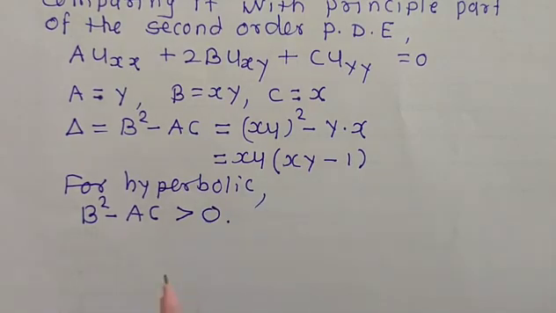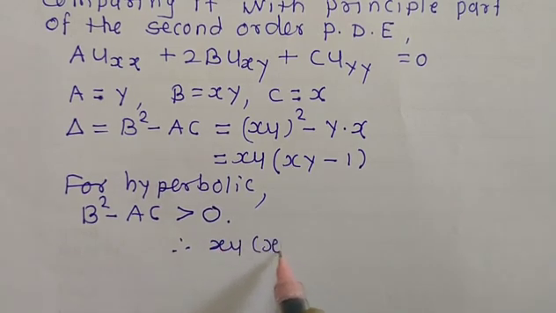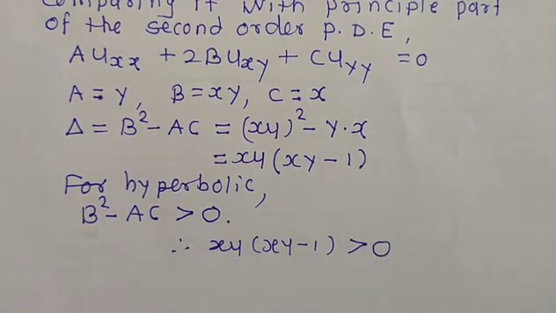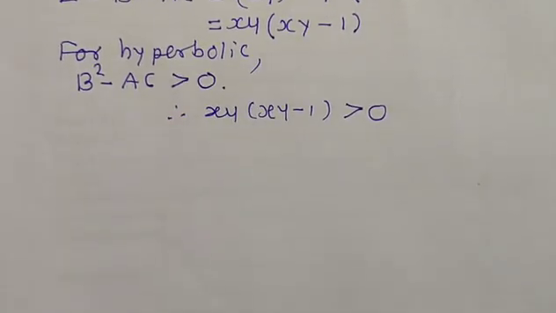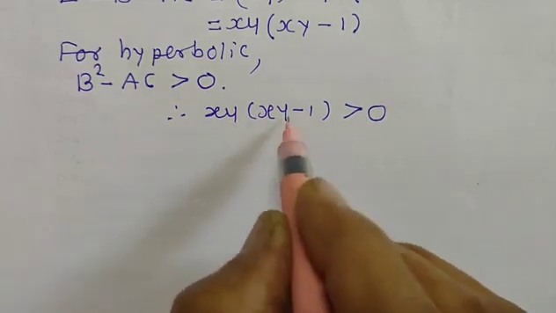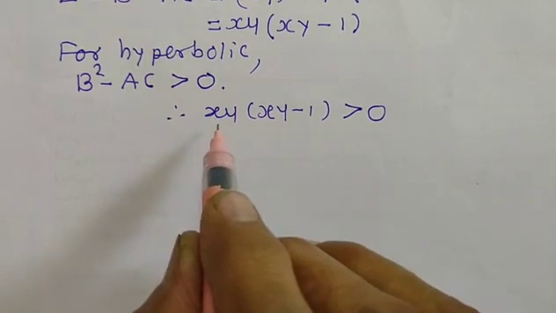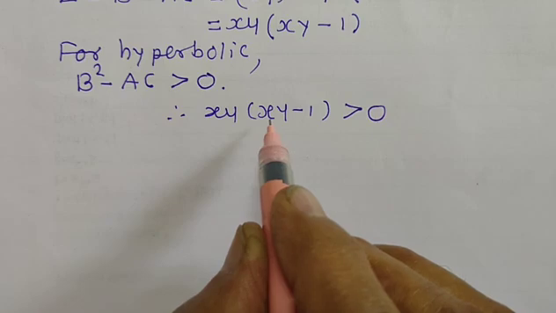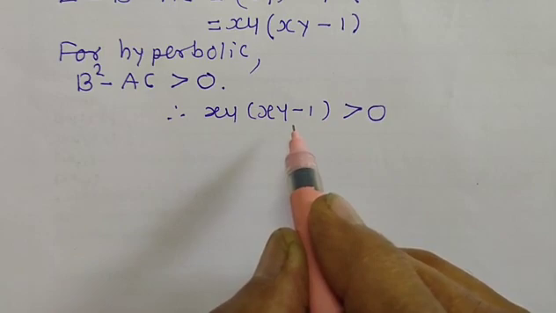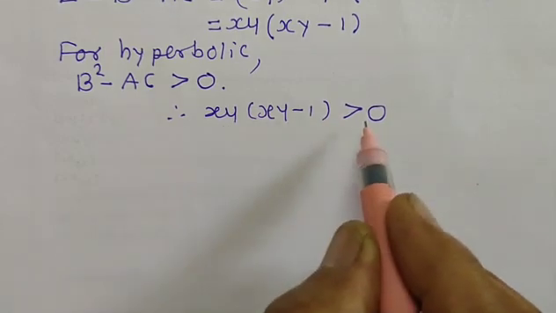So therefore this XY into XY minus 1 is positive. But there are 2 possibilities, you know. If XY is positive, then XY minus 1 is also positive. Okay, that means this product is positive.